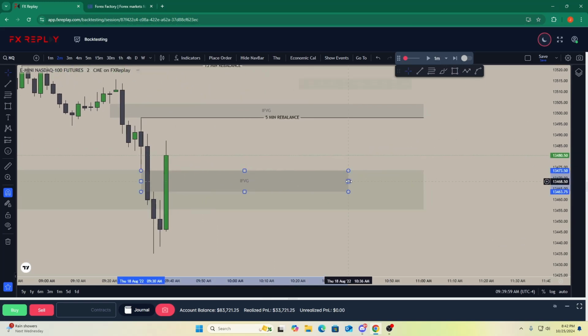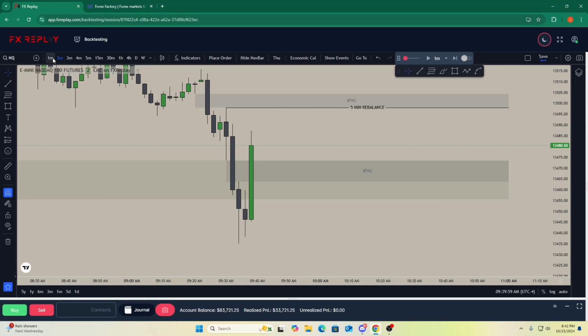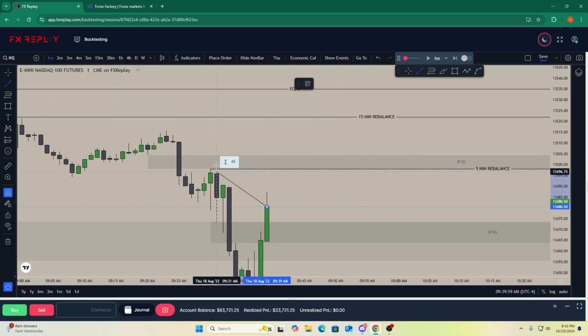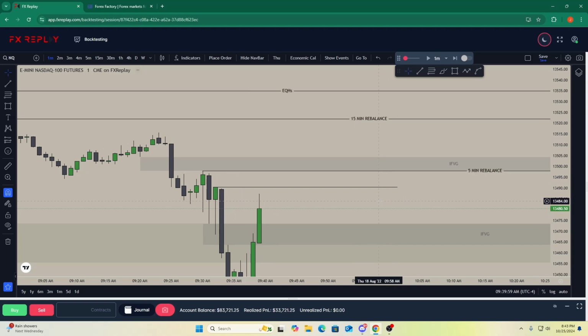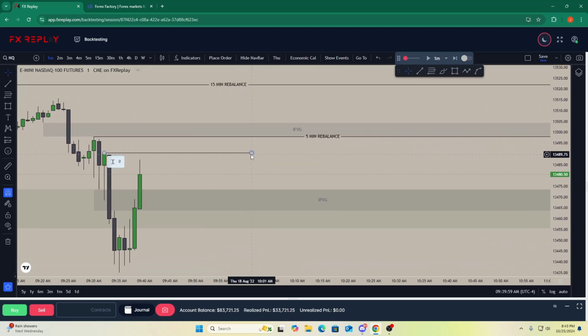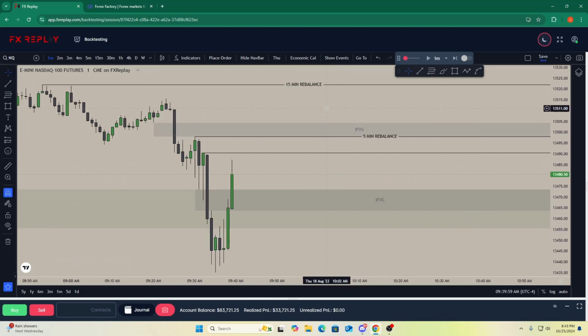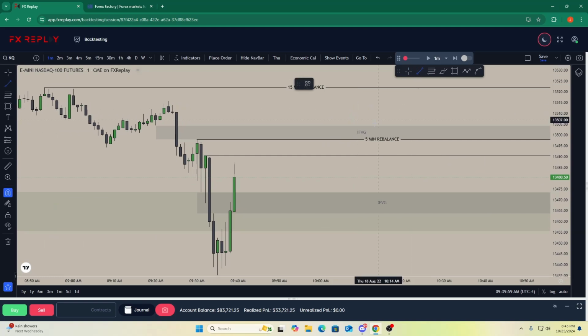Okay. I'm going to take this 2-minute. Break even at the devil's mark, which is just a high with no wick. I can TP1 at 5-minute rebalance and full TP at 15-minute rebalance here, right?